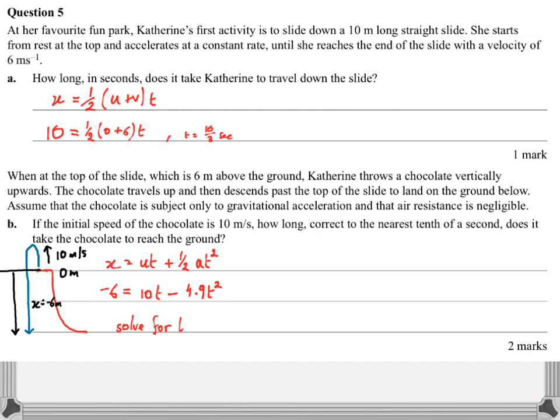Now we go ahead and solve for t, and we get t is 2 values. There they are. Now, we have to realize that t is time, and t has to be greater than 0. So the negative value of t is not correct. Therefore, correct to the nearest tenth of a second, t equals 2.5 seconds. And there's our answer.